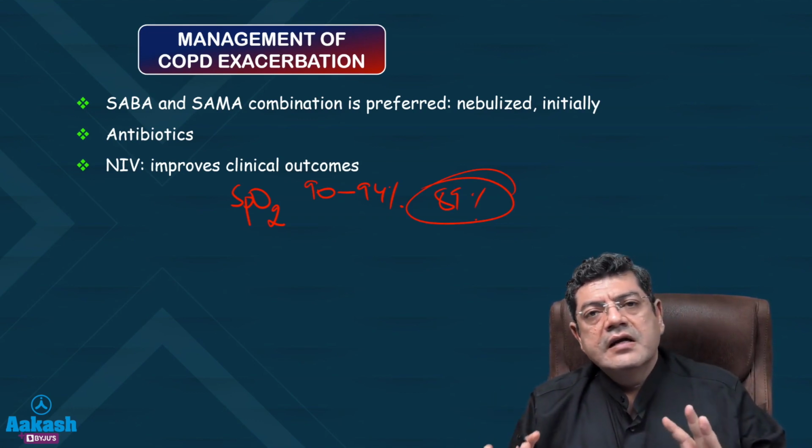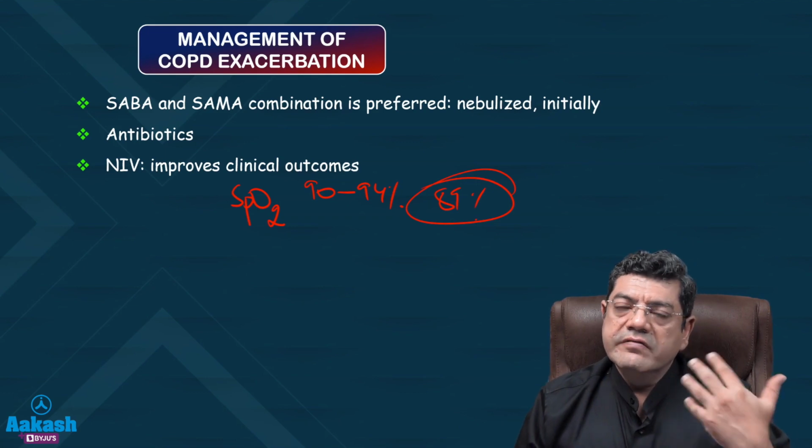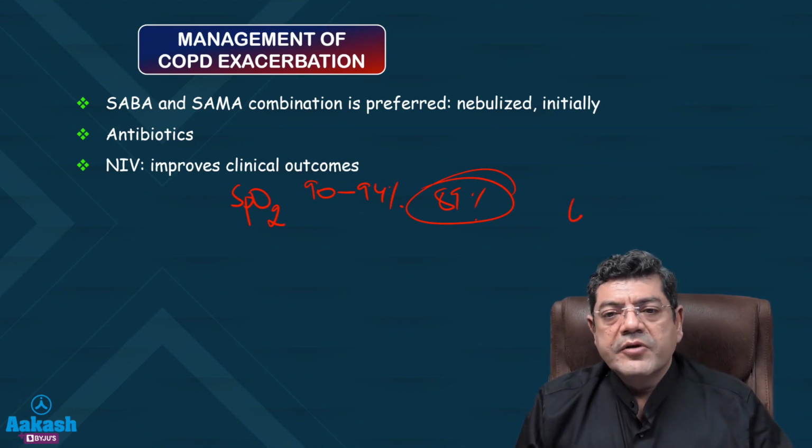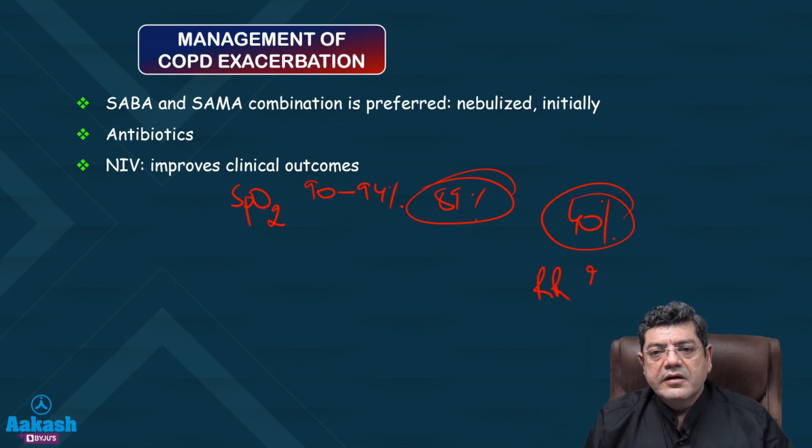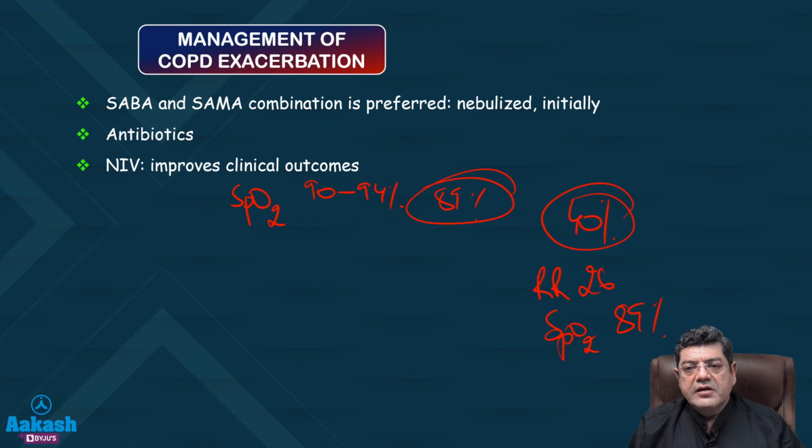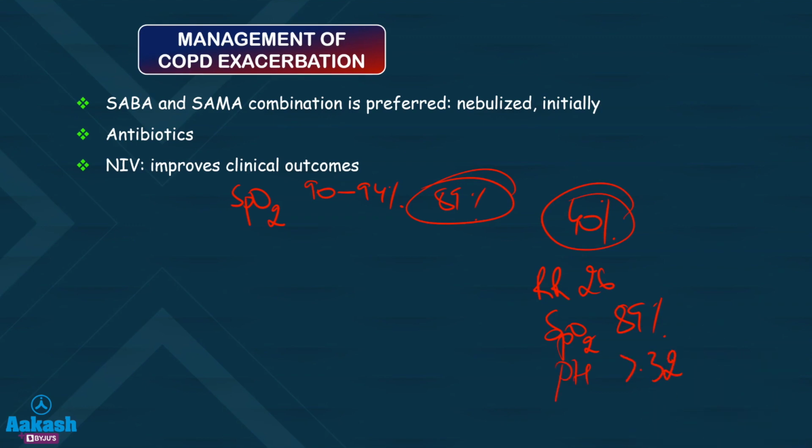So if someone comes with an exacerbation, we give them initial therapy, we're giving this patient 40% oxygen with a Venturi mask, the patient's respiratory rate is 26, saturation is 89%, is hemodynamically stable, alert, I would not want to give any kind of ventilatory support. The pH is also, let's say, 7.32, right?